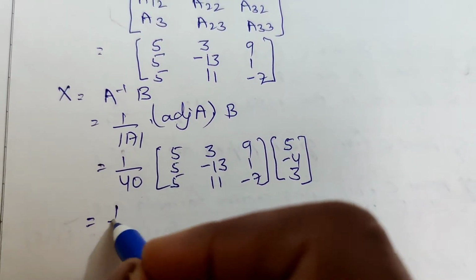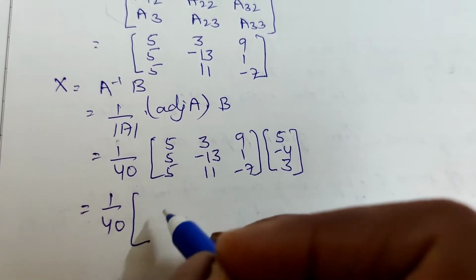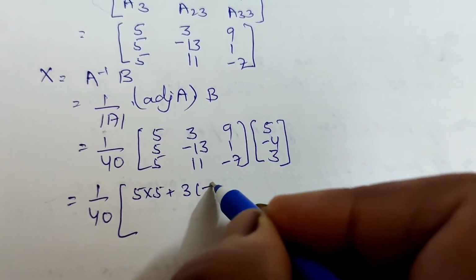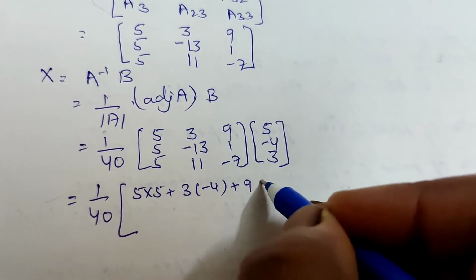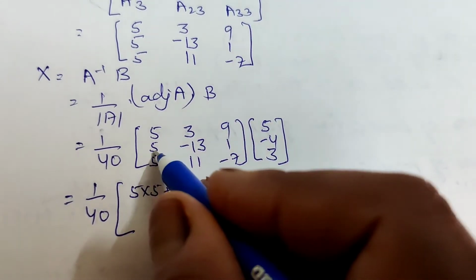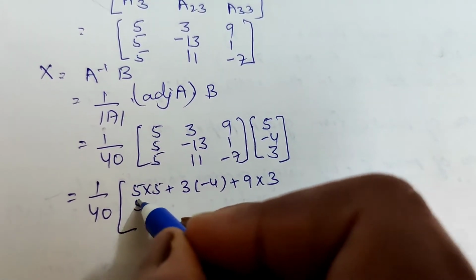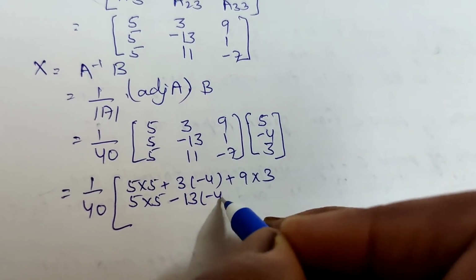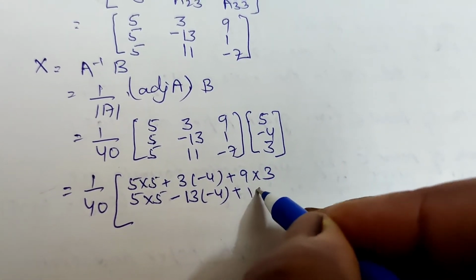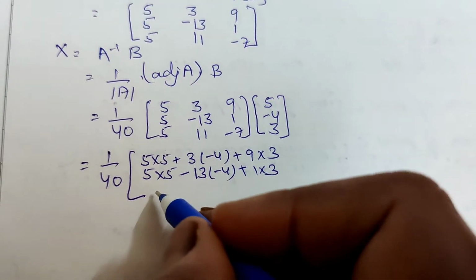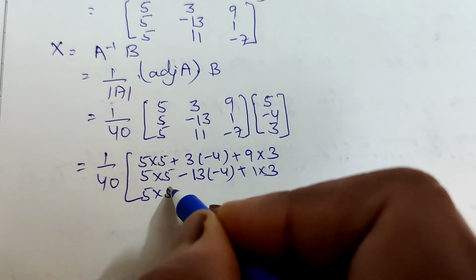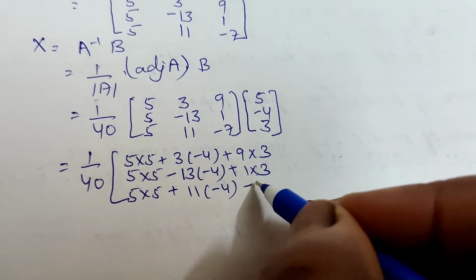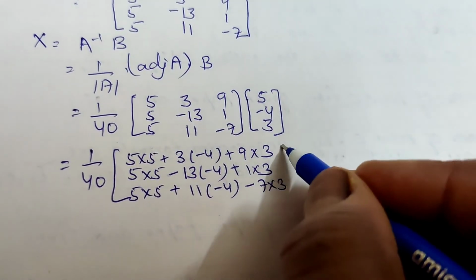Now multiply 1 by 40. 5 into 5, 3 into minus 4 plus 9 into 3. In the second row 5 into 5, minus 13 into minus 4, plus 1 into 3. 5 into 5, plus 11 into minus 4 and minus 7 into 3.